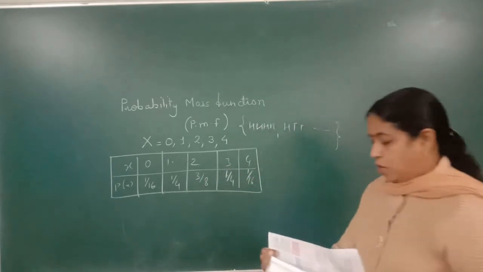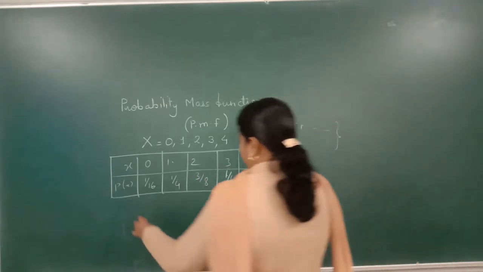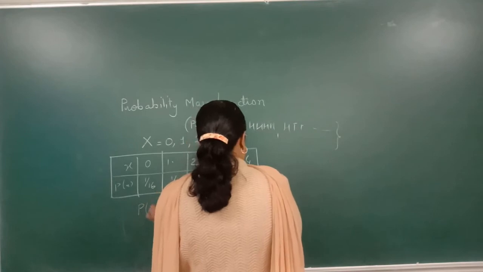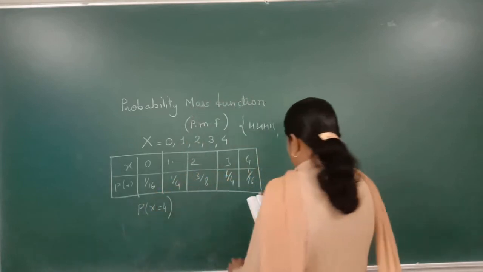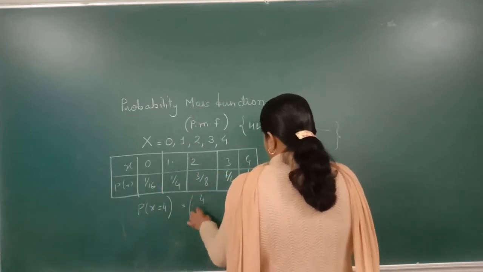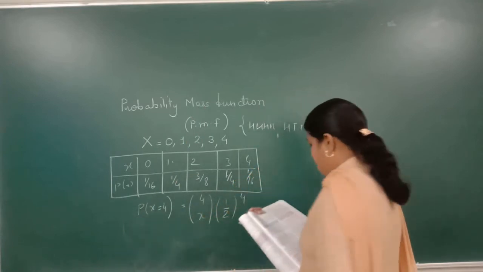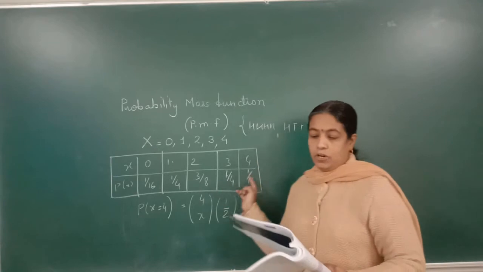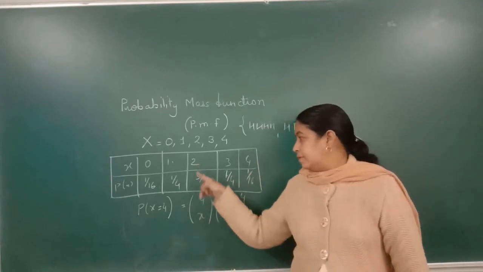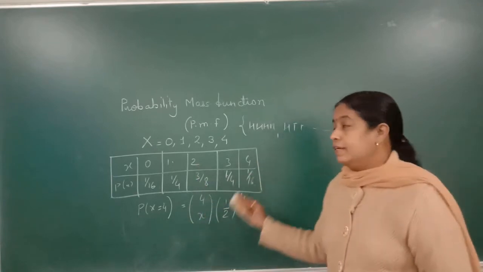So here P of x equals 3 is 4 times 1/2 to the power 4. This 4 is the number of ways of getting x.